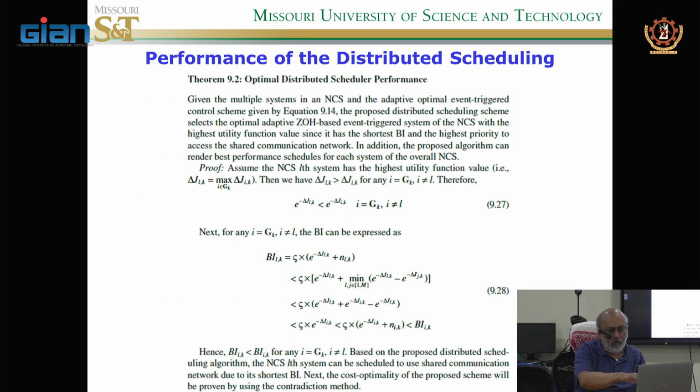And here are the theoretical performance proofs that show that by doing this, you are able to maintain the maximum utility. That network is being utilized maximally, in other words, it shows that the network is not idle. Because that's important.